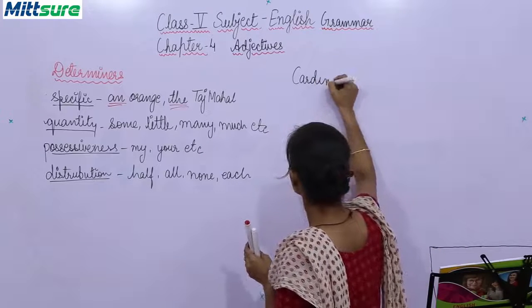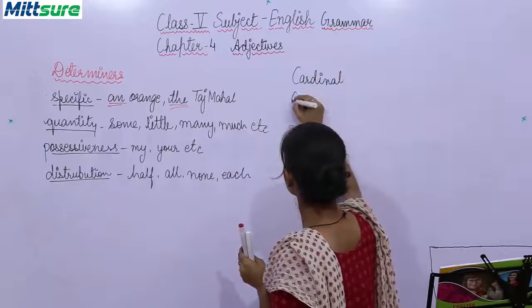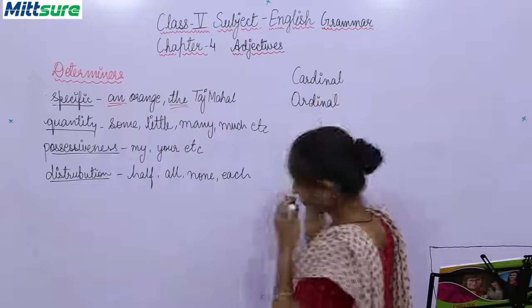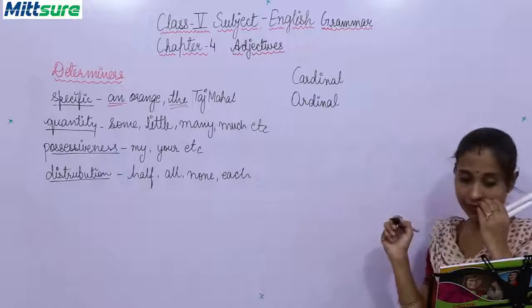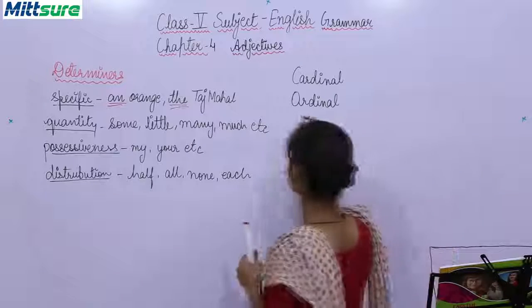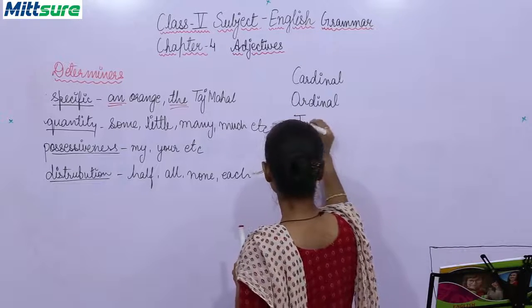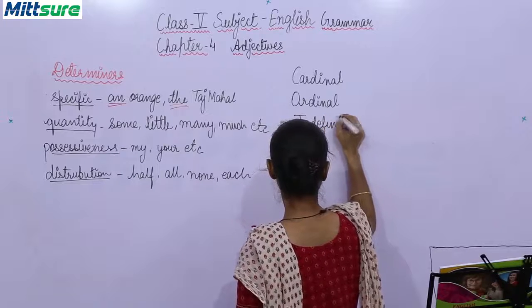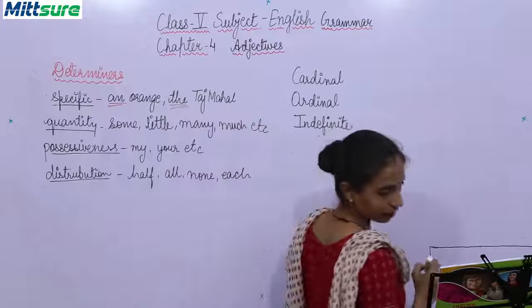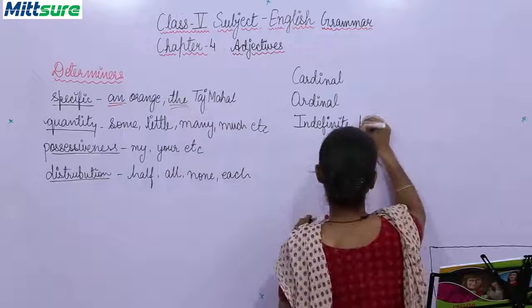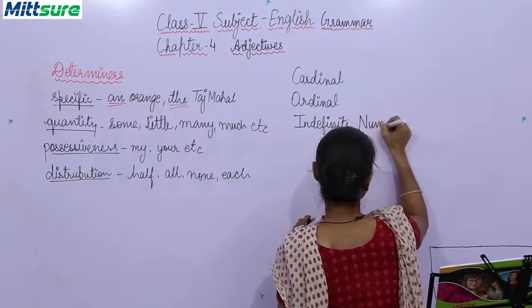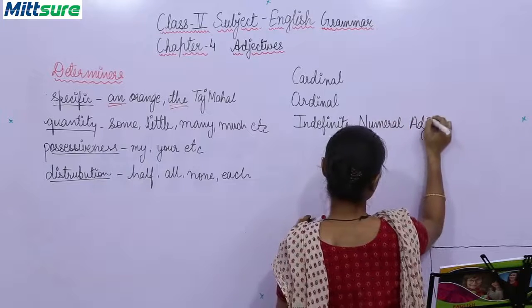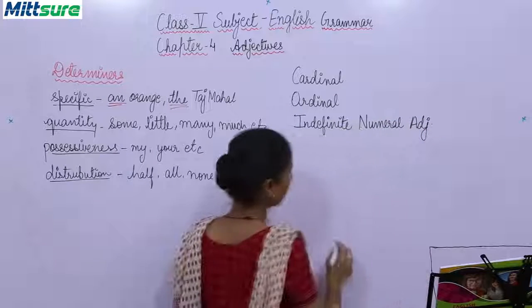Cardinal, ordinal, then third one is indefinite numeral adjectives, then distributive.